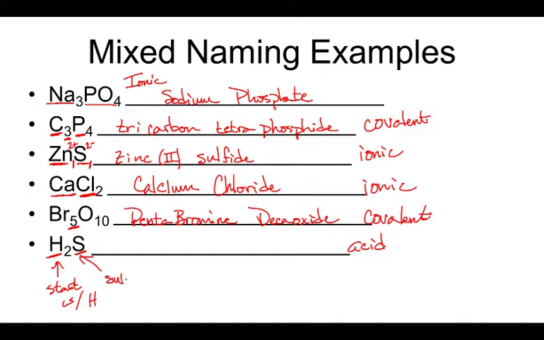So this would be a sulfide, right? This would be hydrogen sulfide. Okay, so we're going to take the ide, and so we know that we have to write hydro first, so this is hydro, and then we take the stem. Remember, sulfur is the weird guy, so we're just going to write sulfur, and then the ide turns to ic. Okay, so this is hydrosulfuric acid.